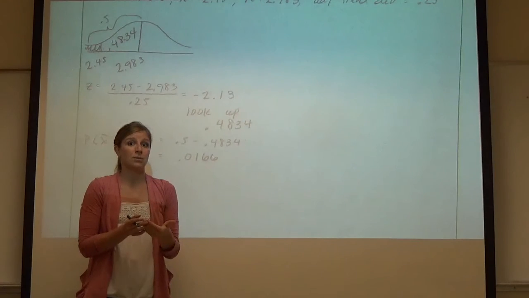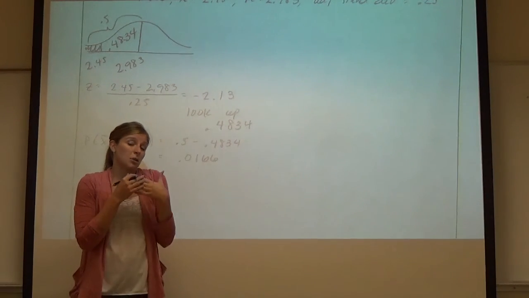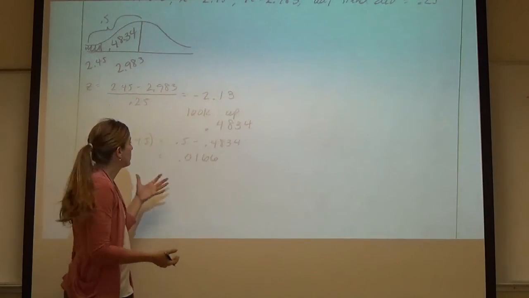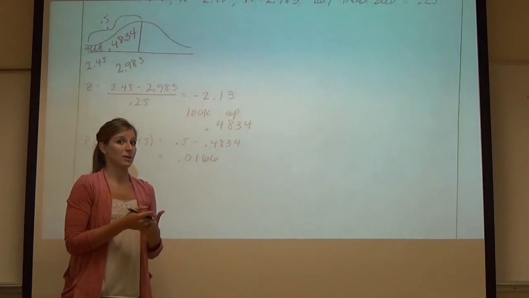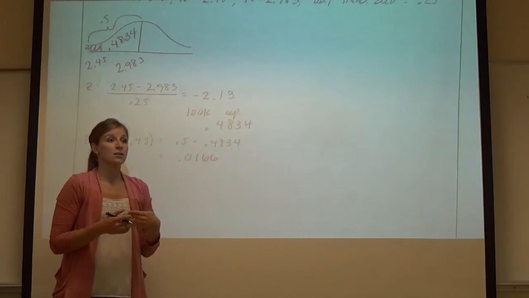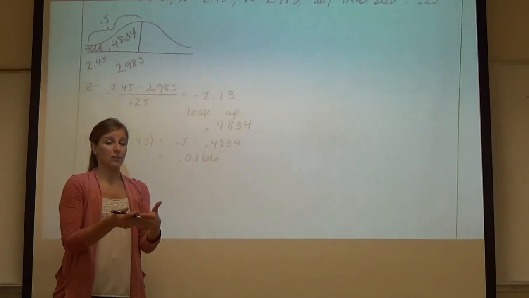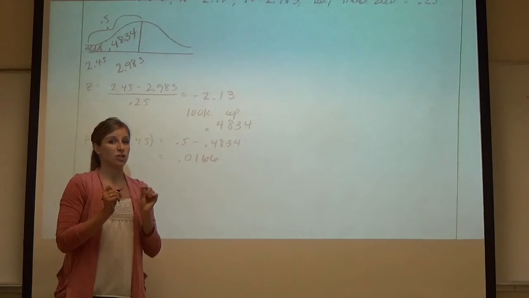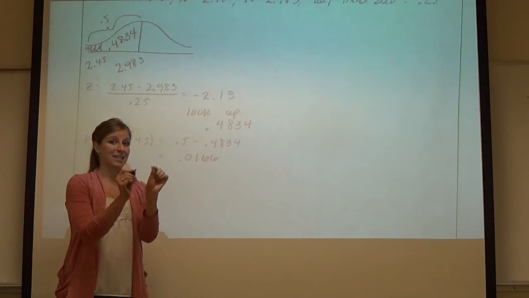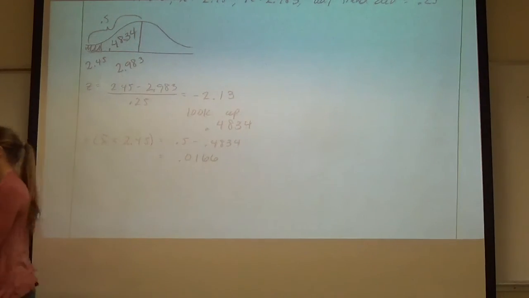So what this tells me is that it's likely that my sample mean is pretty different from my population mean, so maybe the population mean isn't as accurate. So I would probably still reject the population mean being equal to 2.983 on this, but I don't have as strong a result as I did in part A. So I'm going to write that out.